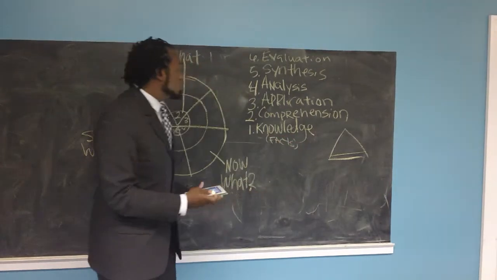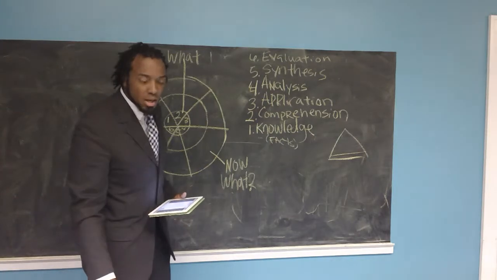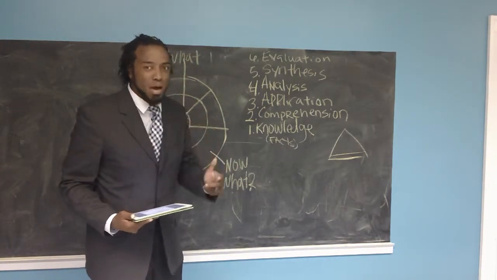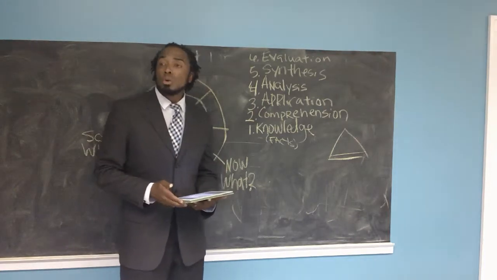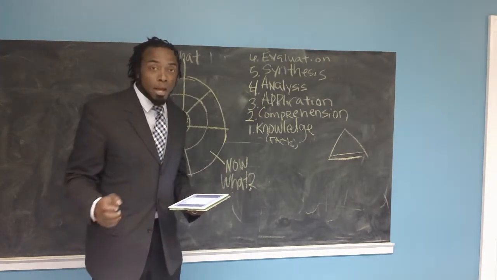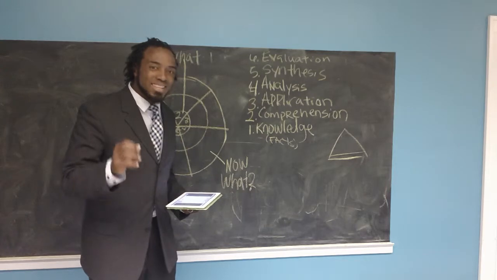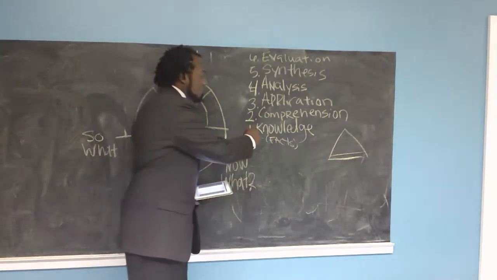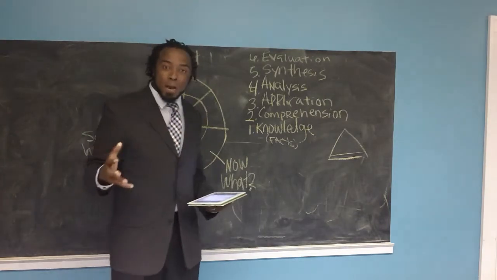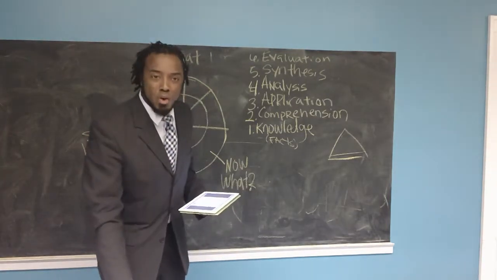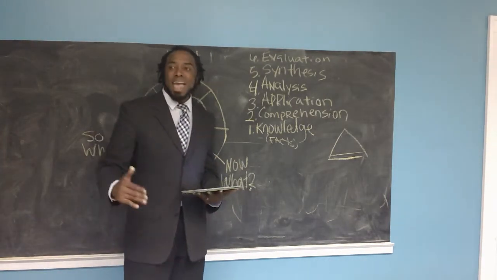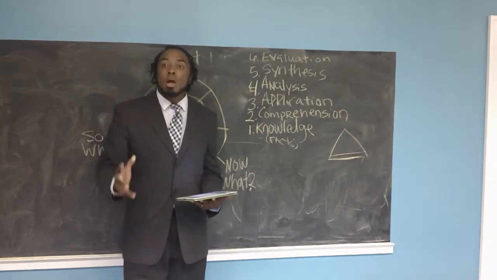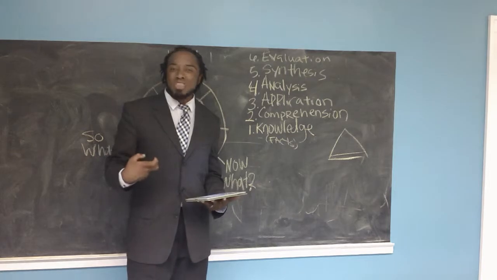When we talk about comprehension, there's a difference. I have a niece who can count to 30, but she does not comprehend the concept of 2. She has the facts, she knows how to count, but if I put two objects in front of her and ask how many there are, her comprehension isn't at that level.